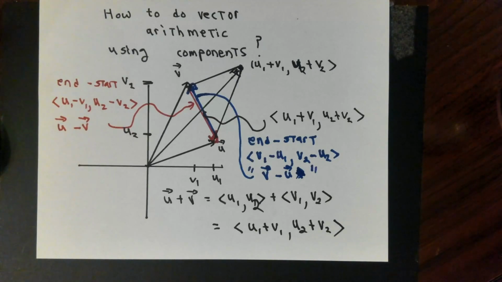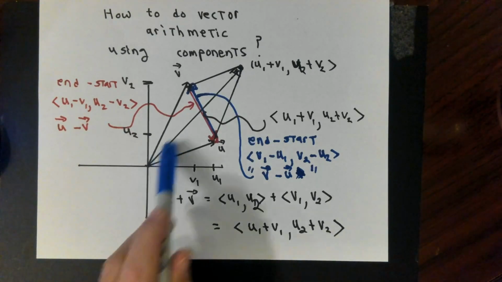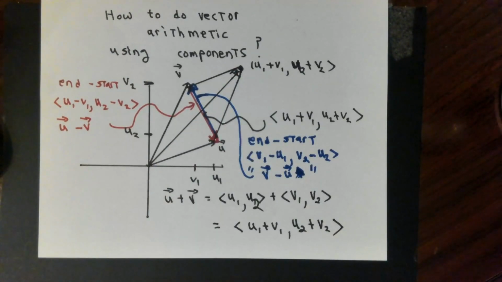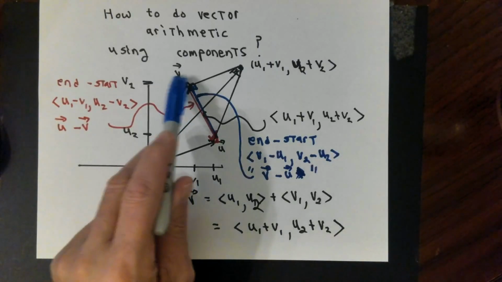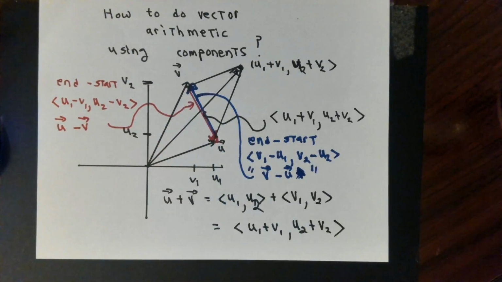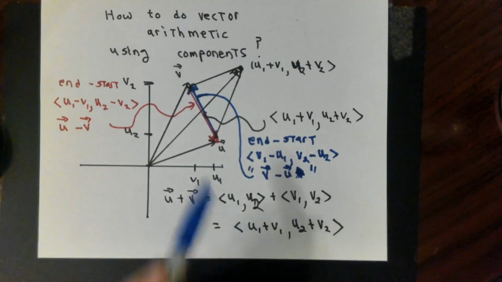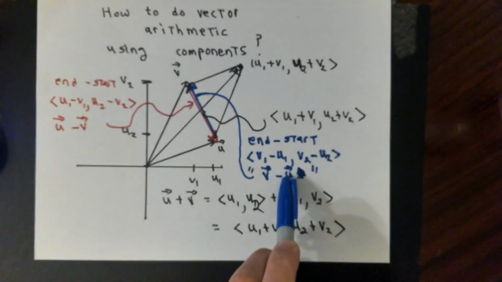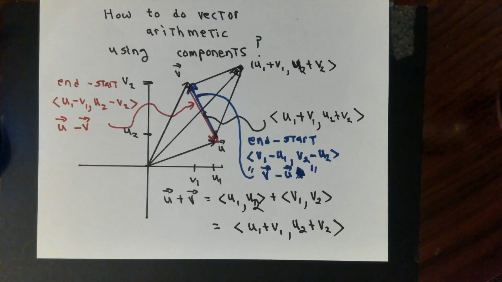When we form this standard parallelogram, one of the diagonals, the long one, tells us u plus v. One of the other ones, this one, tells us u minus v, and this one tells us v minus u. If this were ordinary algebra, v minus u would be the negative of u minus v, so we can think of it that way as well.